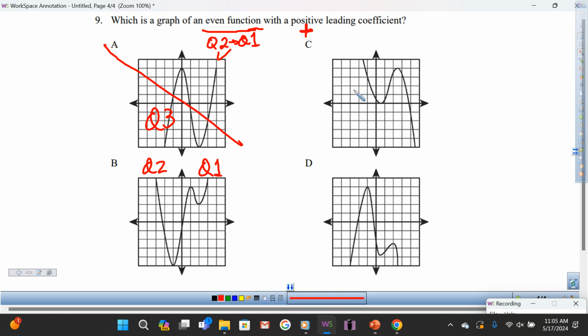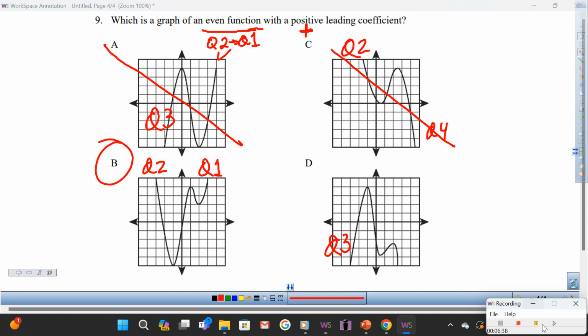Where does it start? Quadrant 2. However, where does it end? Quadrant 4, so this is not it. Where does this one start? Quadrant 3. We need quadrant 2 to quadrant 1. Correct answer is D. This is what I want to see on part C next week. I want to see you label all of that. Okay?